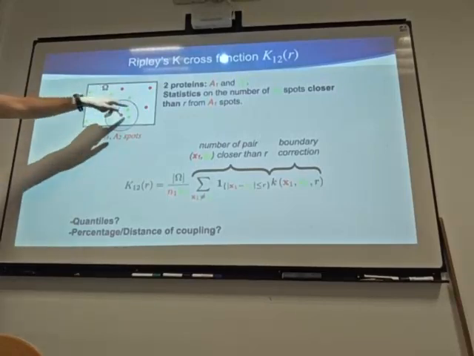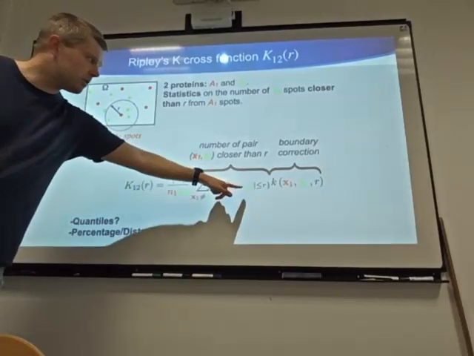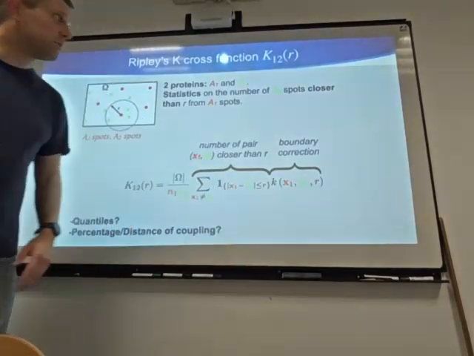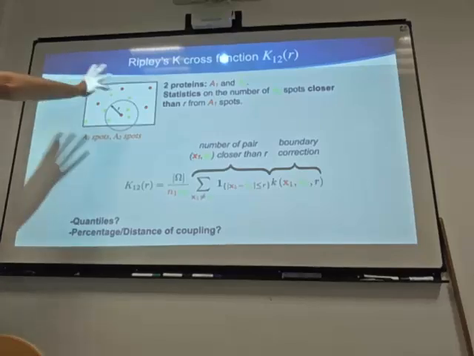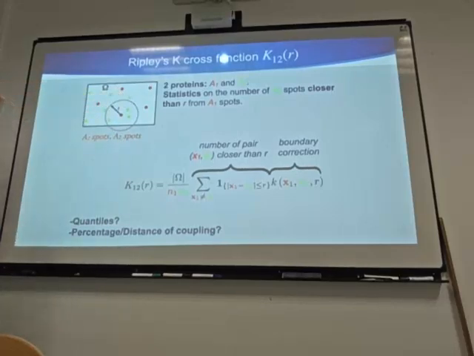You sum over all the red, you count how many green you have, and you still have the same boundary correction and the same prefactor. And again, you can look at the quantiles and the percentage and distance of coupling or association. So for example, how many green points are associated, are close to red, and how many are just randomly distributed.